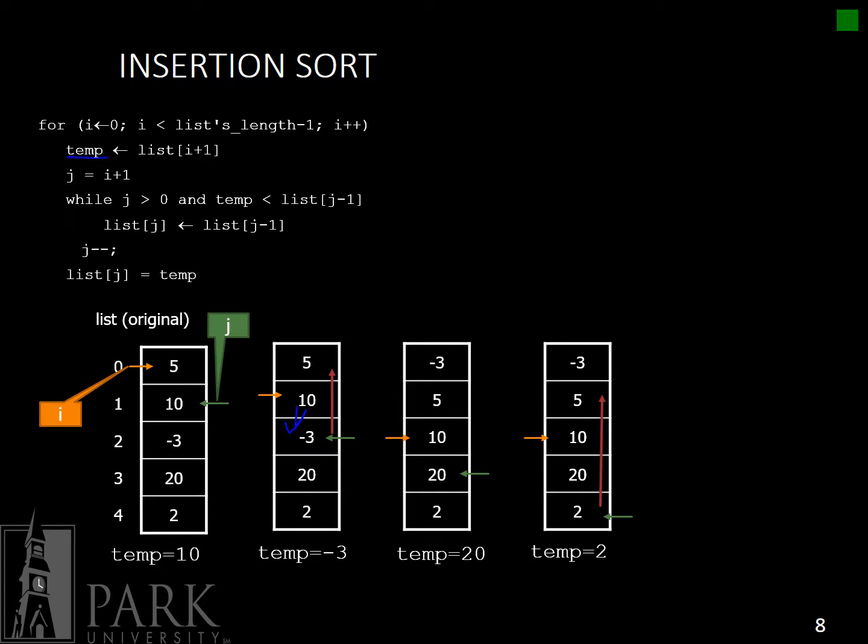And then while the J index, this green arrow, is greater than 0, and the temp variable, which in this case is 2, is less than the position before the green arrow, we're going to move it up. Well, actually, we're going to move this down, move this down, move this down, and then we're going to drop 2 in here, right?